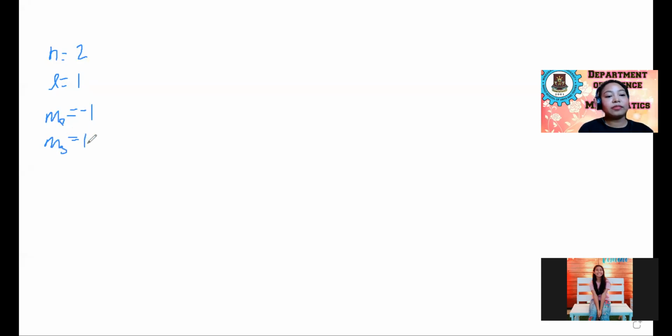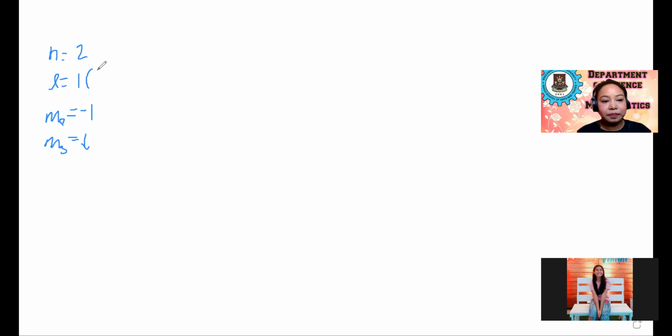spinning down. So, to make it easier, since you know that n is equal to 2, it means it is on the second period. L is equal to 1, what is its name?